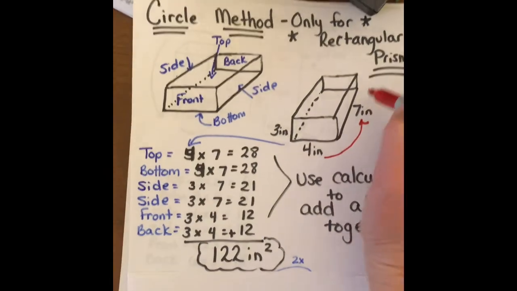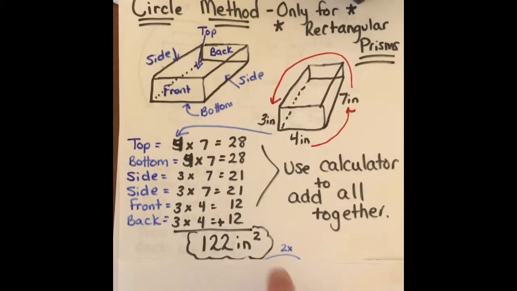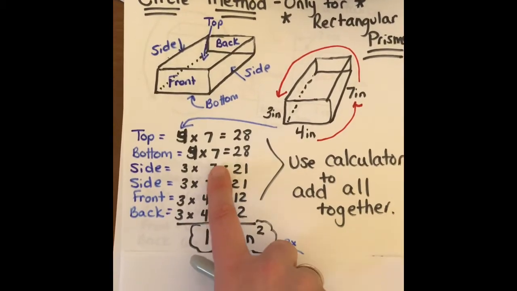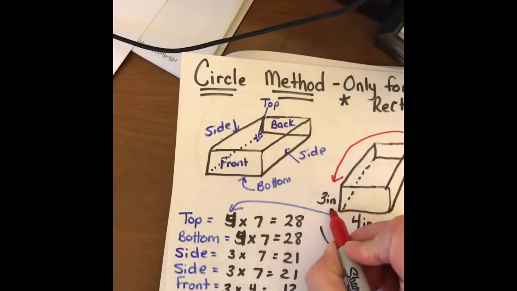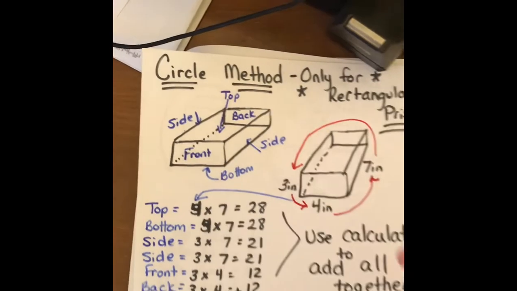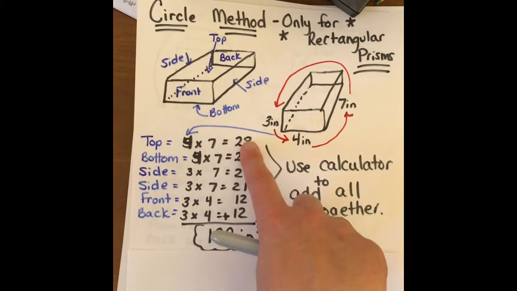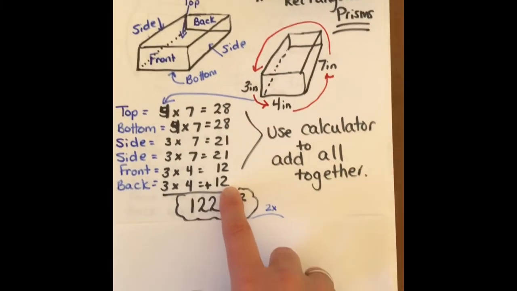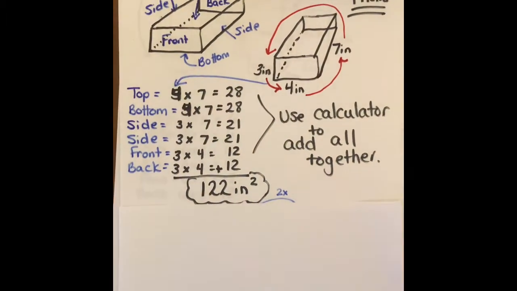Okay, the next one I would do is 7 times 3. So that's another part of my circle, and I have to do it 2 times, so 3 times 7 here. And then the last part of my circle is these 2 dimensions, so I have to do 3 times 4, 2 times. Then I need to add all of these together. That's why I said a calculator would be helpful. And you're going to get 122 inches squared.